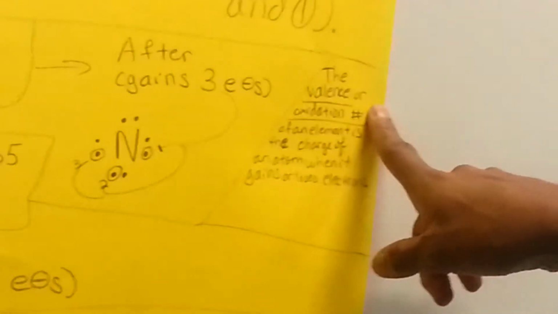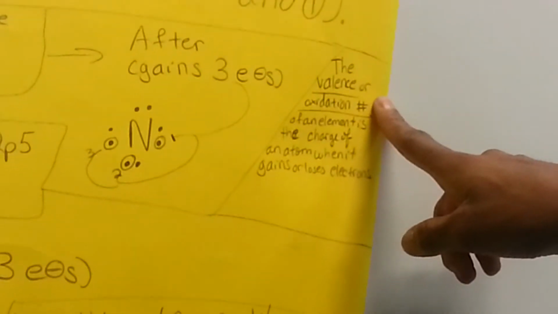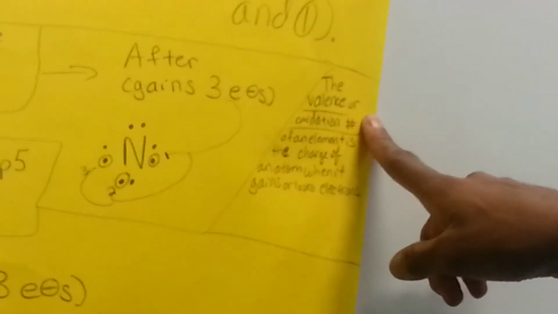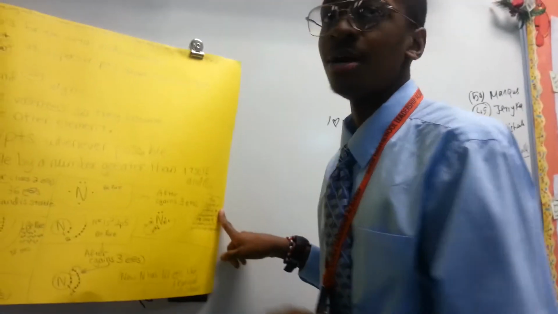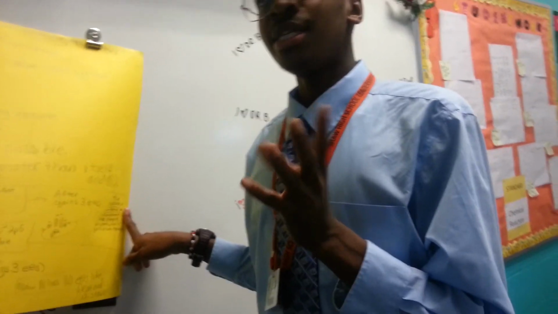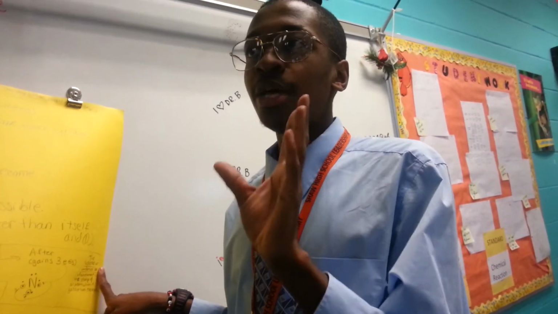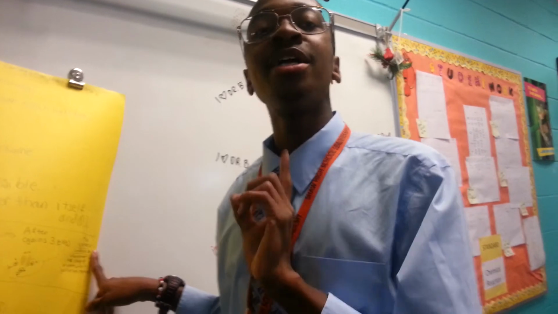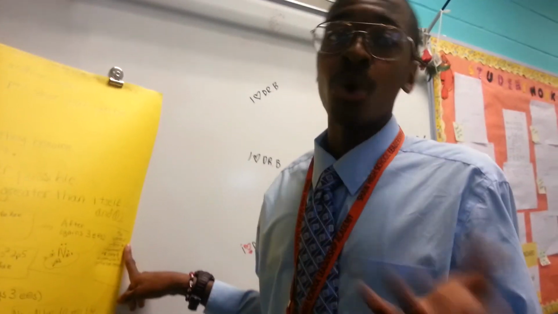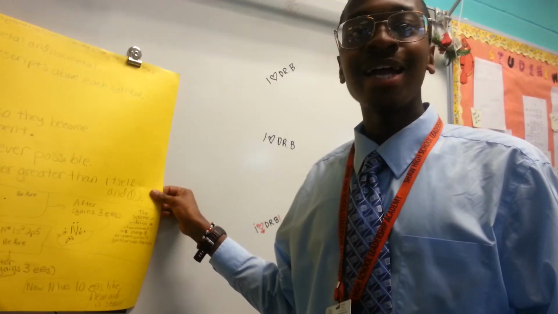Those will be their valences. After it gains electrons, nitrogen becomes N minus 3. When strontium lost its electrons, it became Sr plus 2. So plus 2 and minus 3 were strontium and nitrogen's valences or oxidation numbers. That's ionic bond.